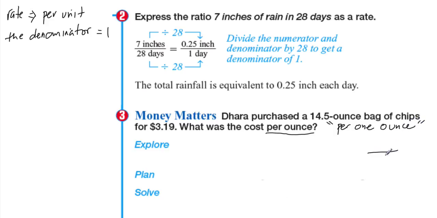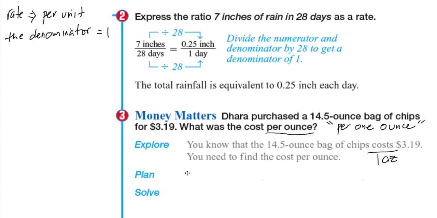That means your denominator would be 1 ounce. This already gives you a clue. Your denominator is 1 ounce.